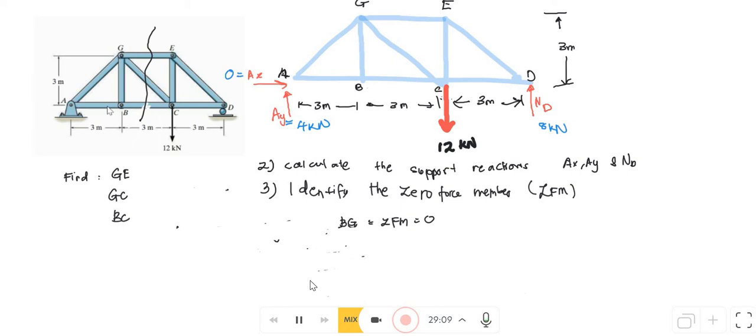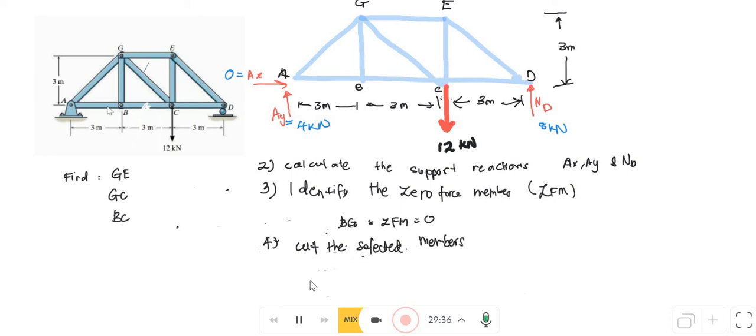Alright, I have to erase it first. So step number 4, you have to cut the selected member. This is very easy to follow. Most of the time you only have to cut just one time. Cut the selected member.